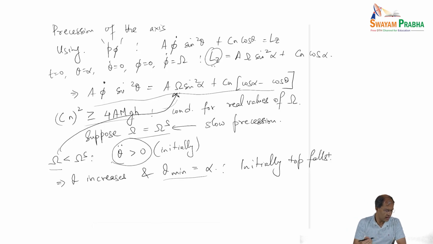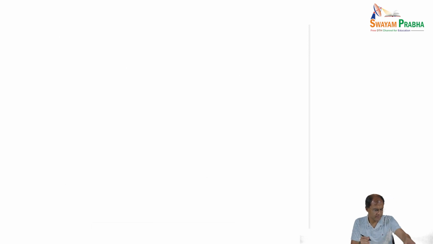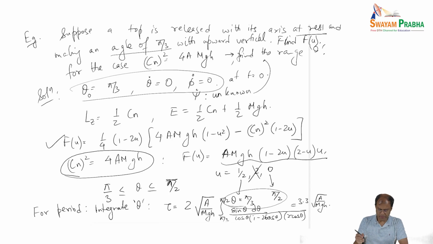Okay, so then let us quickly go through an example. Let me call this example A. So this is the same top example where we were finding the period.